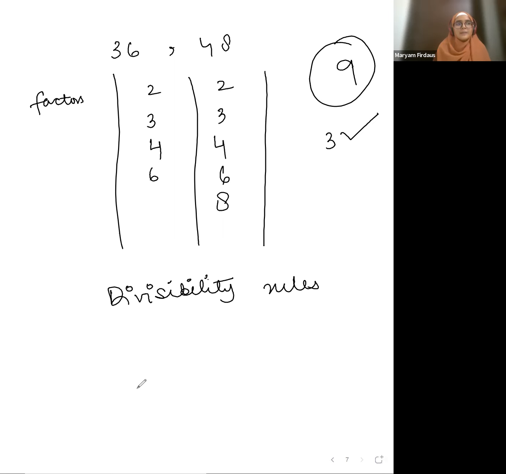If a number is divisible by the bigger number 6, then it will be divisible by all of its factors, like 2 and 3.